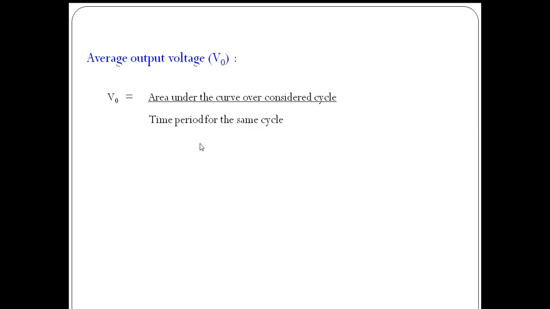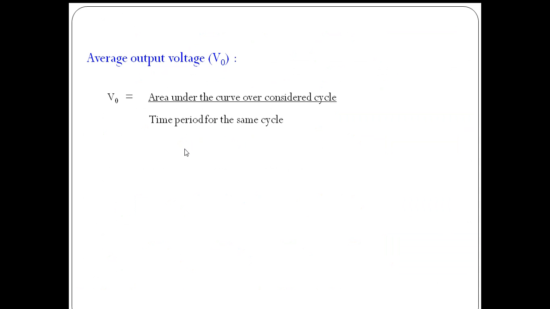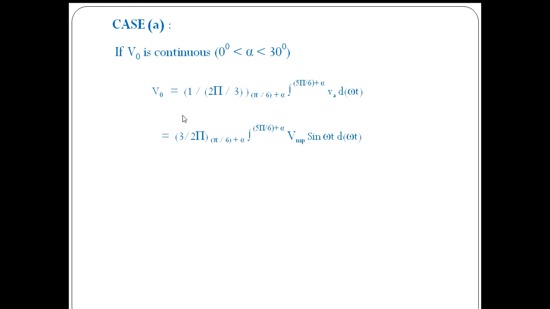For phase A, if we see the waveform, it will be conducting from pi by 6 plus alpha to 5 pi by 6 plus alpha. By assuming continuous conduction, we get this output voltage for alpha from 0 to 30 degrees.